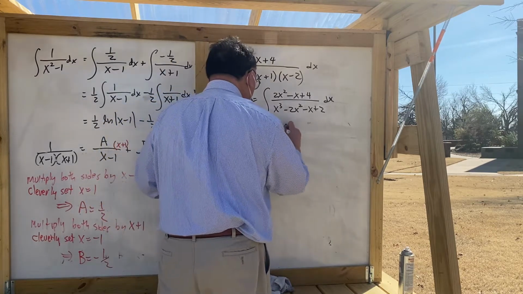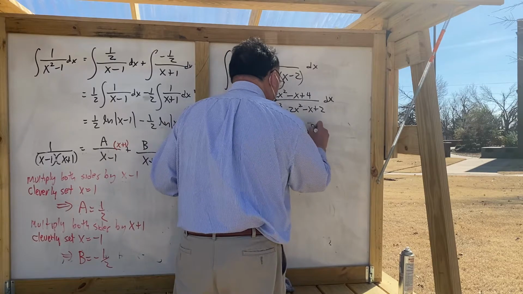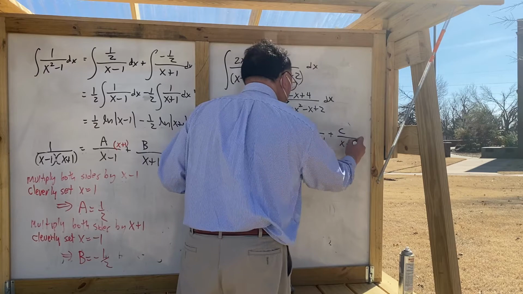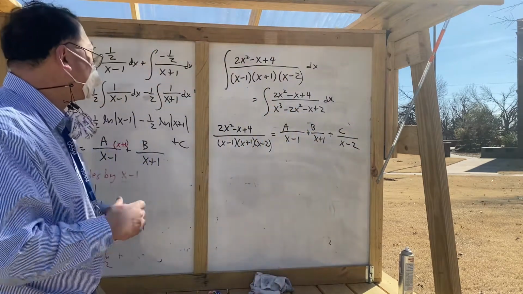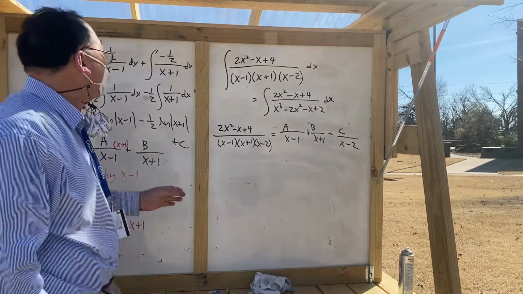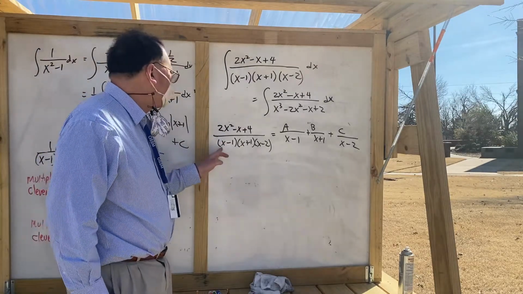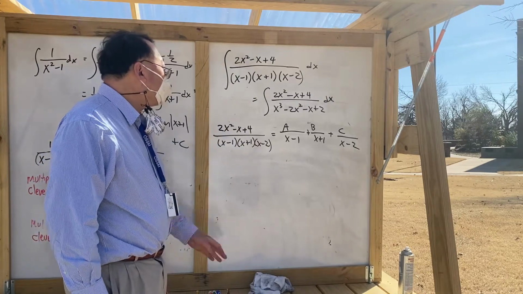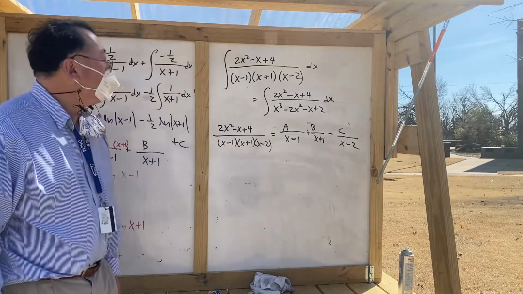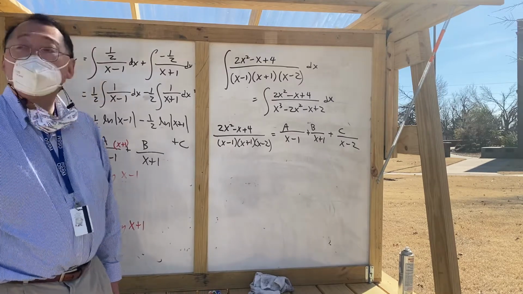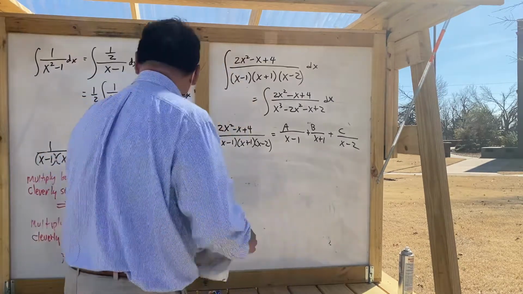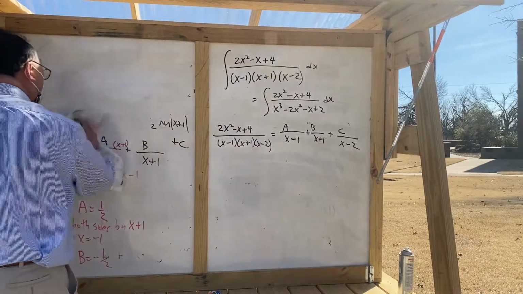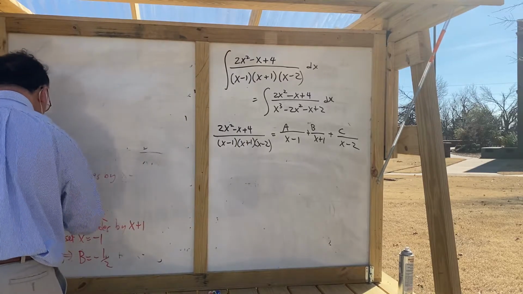That's equal to a over x minus 1 plus b over x plus 1 plus c over x minus 2. Now, there's two ways I can do this. I can do it the long way. Okay, we're going to do it the long way.